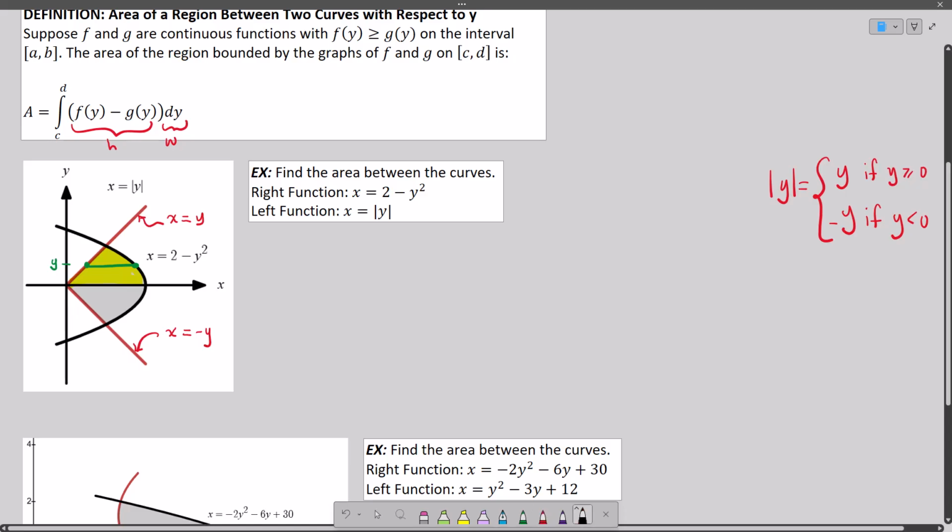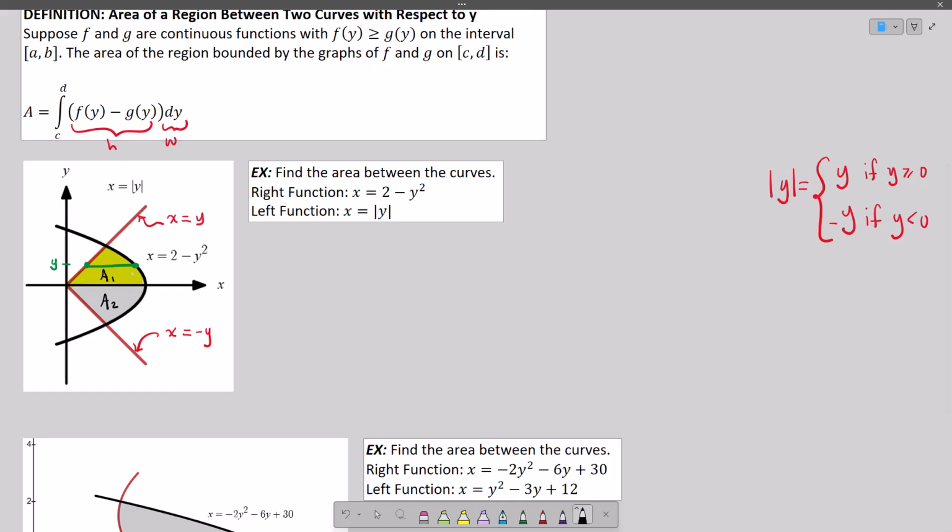The area, so I'm going to call this area right here A sub 1. Call this one A sub 2, just to keep them separate and to make sure it's clear what we're writing down the area for. So the area in that upper portion in quadrant 1 is going to be the integral. We haven't found our y values yet, so we'll get to that in a minute.